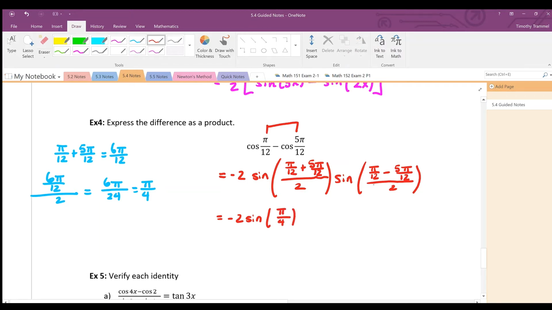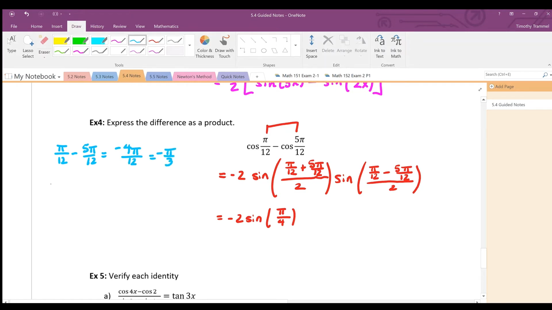And let's try the next one. The sine of pi over 12 minus 5 pi over 12 over 2. So we'll do our work here on the side again. This time it's pi over 12 minus 5 pi over 12. So that's minus 4 pi over 12, which is equal to minus pi over 3.